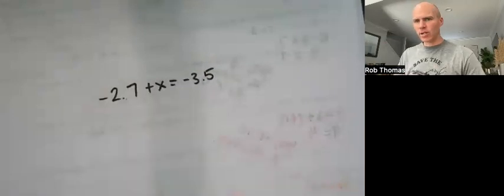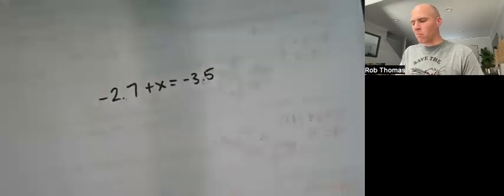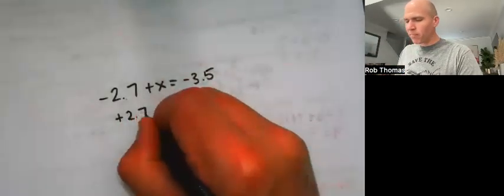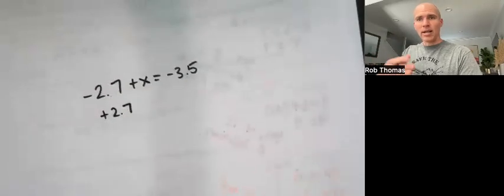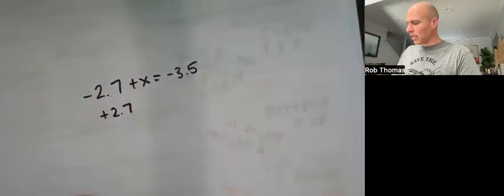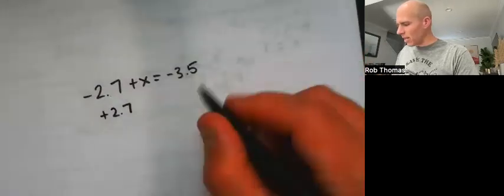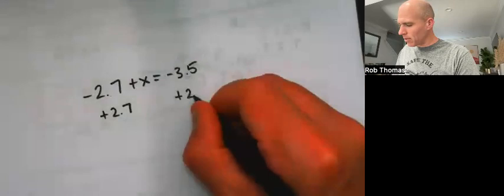I want to turn that into a 0 or cancel it out. So I should add a positive 2.7 to make this into 0. So I have just x plus 0 on that one side, or x by itself, isolated. But that means I should add 2.7 to the other side, right? Keep it fair, keep it equivalent.